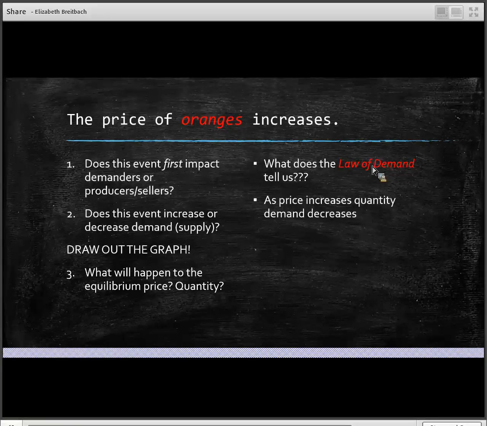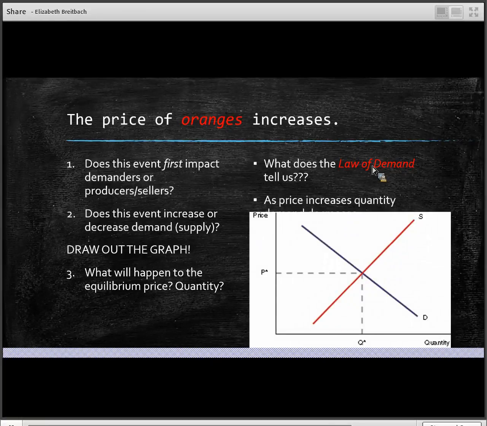So as the price increases, we can see how this would affect the demand curve. So our new price is up here. And it's not that the demand curve shifted, it's just that the quantity that we're consuming falls because we moved along our existing demand curve.